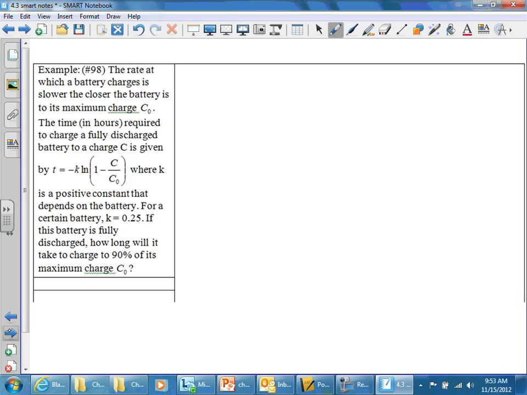Okay, let's try this next one. The rate at which a battery charges is slower the closer the battery is to its maximum charge, C naught. The time in hours required to charge a fully discharged battery to a charge C is given by this formula. So K is a positive constant. And then it tells me that K is 0.25.